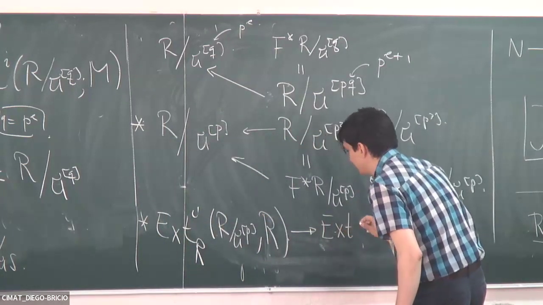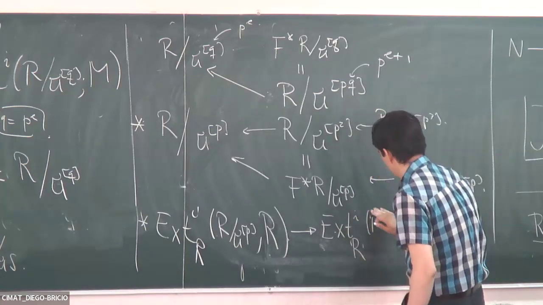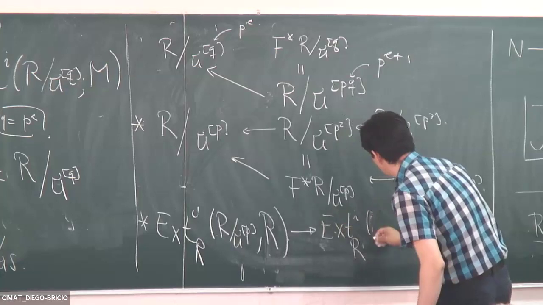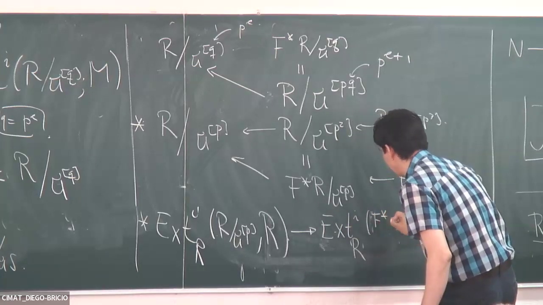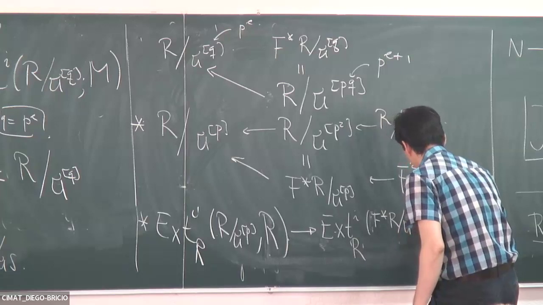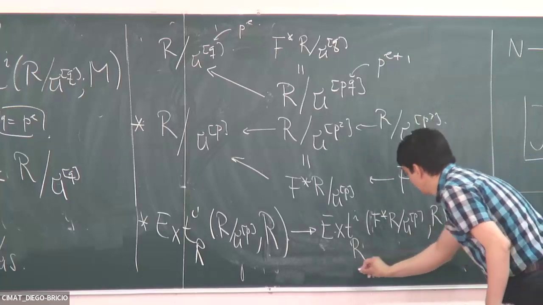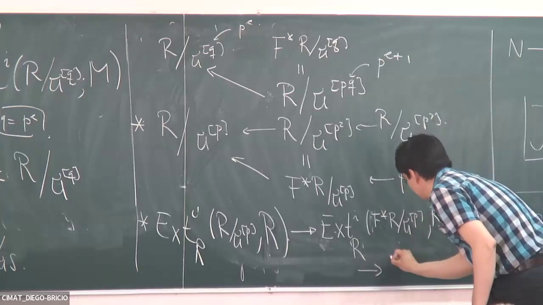Then we're going to get a chain that goes like this. I'm going to use pullback here. And then the second one is going to be this one.